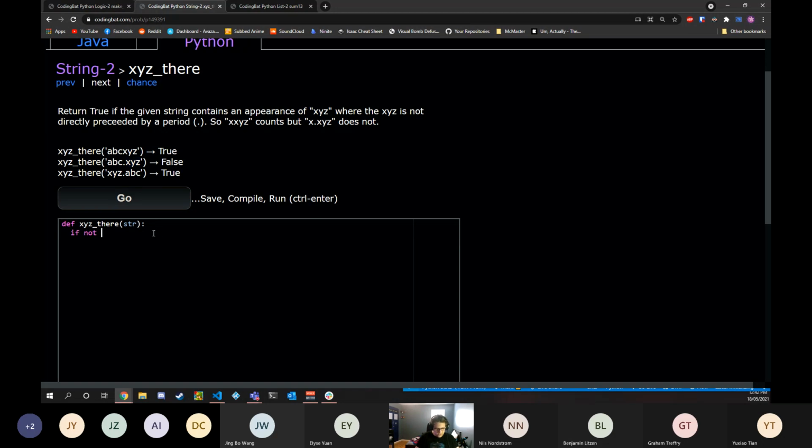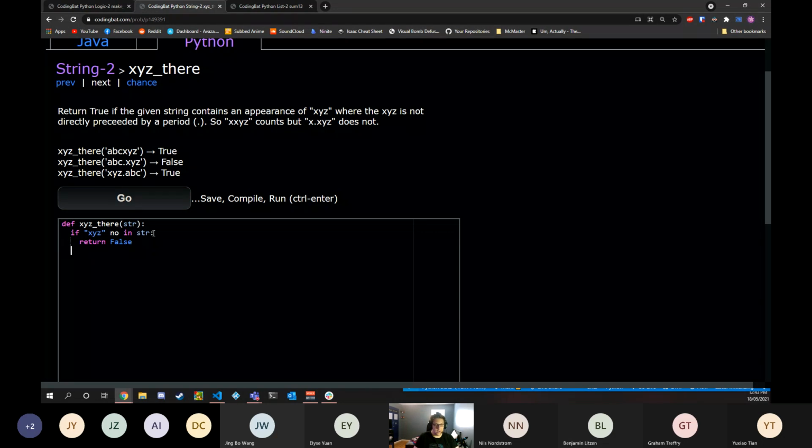First I could immediately go, if XYZ not in whatever string, return false. This is the easiest case because if there is no XYZ, there can never be a situation where XYZ is preceded by a period. So cool, there's no XYZ, I don't need to worry about it.